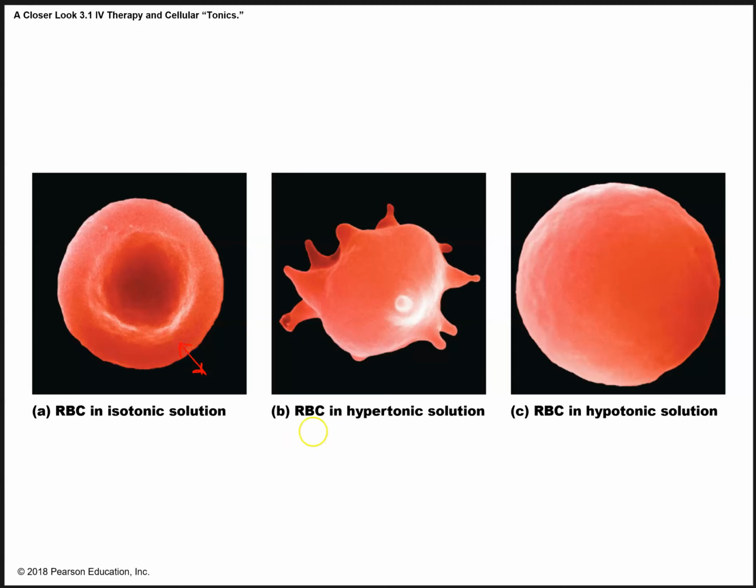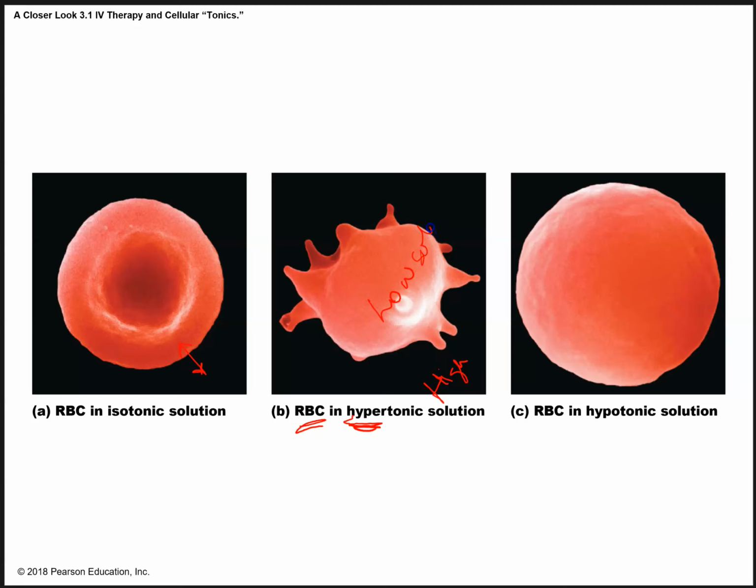The next solution is a picture of a red blood cell in a hypertonic solution. Hypertonic solution has a higher concentration of solutes than inside the cell. So initially the concentration of solutes is high over here and low over here.